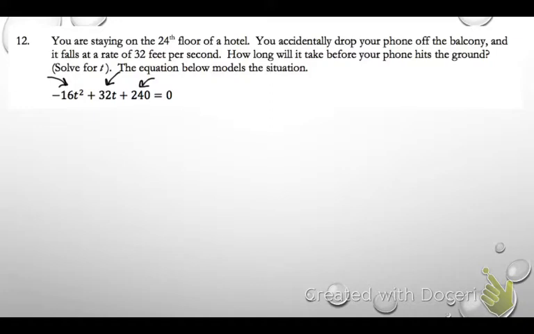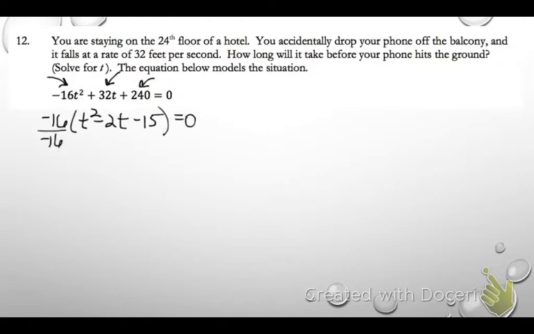So I have a feeling that 16 will divide into 240, and it does. So we'll factor out a negative 16 to take that negative out. So we'll be left with t squared minus 2t and then minus 15, because 15 times 16 equals 240.